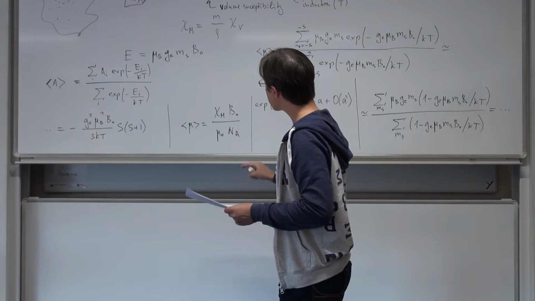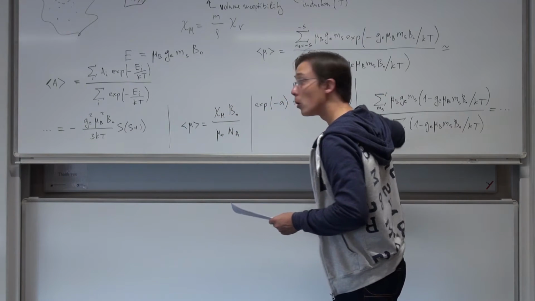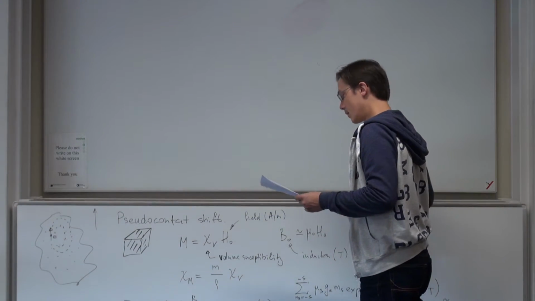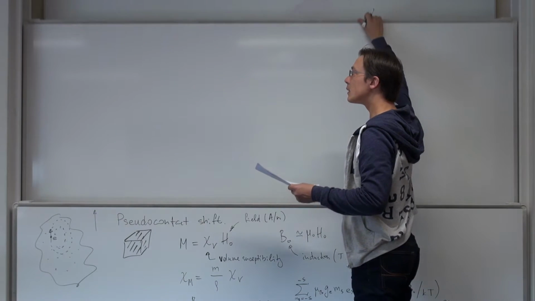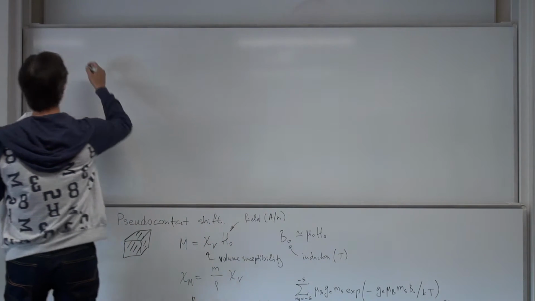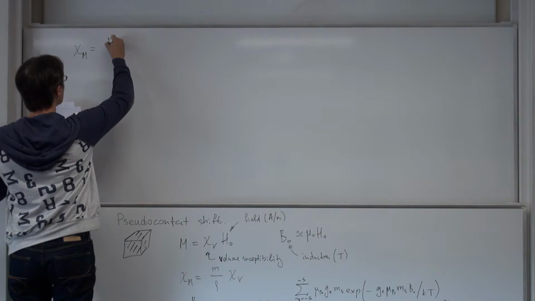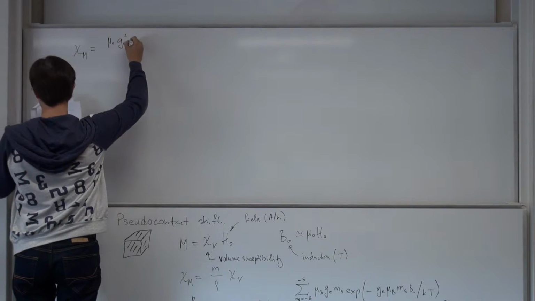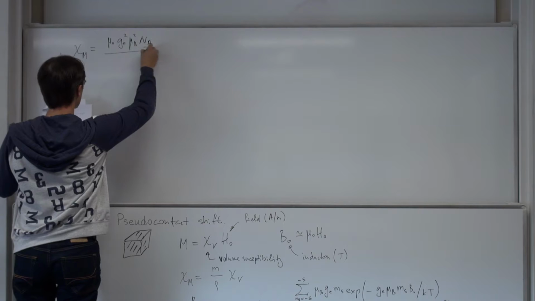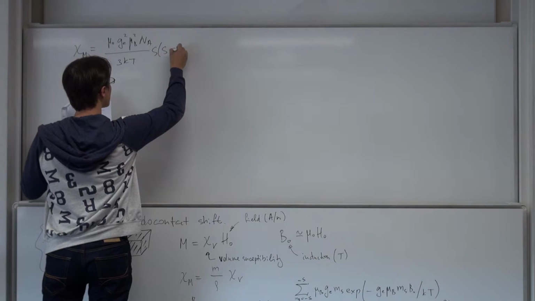A few other things cancel, but importantly, we do get a quantum mechanical expression for the molar susceptibility of our paramagnetic particle, which, after we do the mathematics, becomes chi_m equal to mu_0 g_e squared mu_B squared and Avogadro times S(S plus 1) over 3kT.